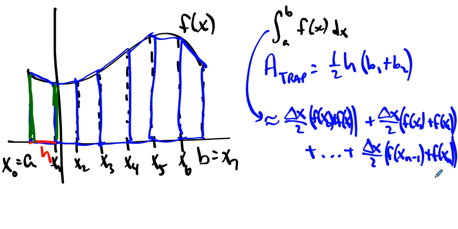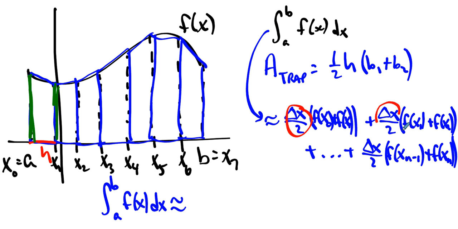So what ends up happening? The integral from a to b of f of x dx is approximately, well, every one of these terms has a delta x over 2. Let's use that.